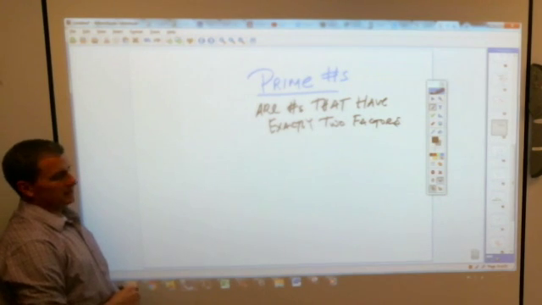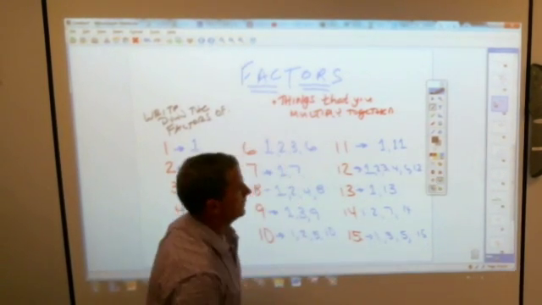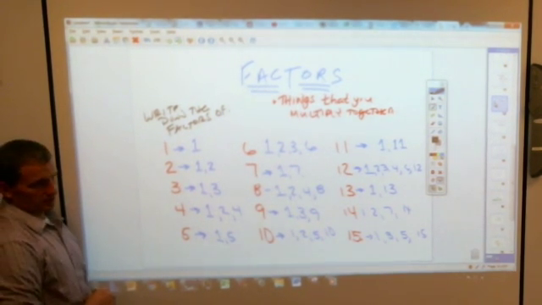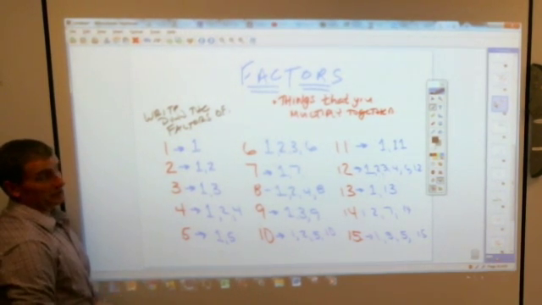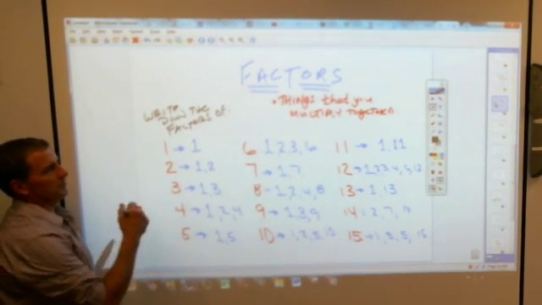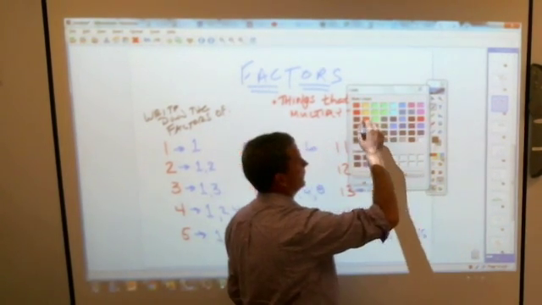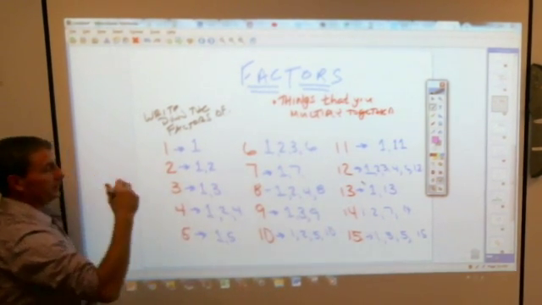So if you go back and look at that list of numbers that we had, I asked you to circle the ones that are prime numbers. Basically, prime numbers mean you can't divide a number by anything but itself and 1. So these would be the prime numbers. Let's go with a beautiful color, purple or lavender, whatever it is.